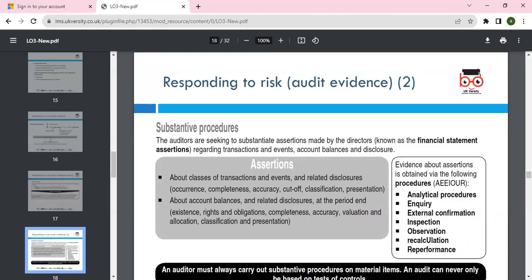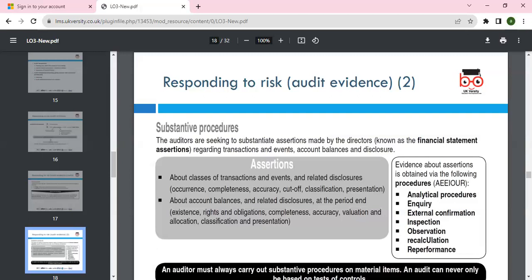Occurrence: is it there? Completeness, accuracy, and cutoff in the period. Classification: is it classified as asset, liability or expense, and presentation, in terms of your bookkeeping records, your trial balance and your final accounts. The details can go back to the point of origin of the transaction. For account balances and related disclosures at the period end: existence, rights and obligations, completeness, accuracy, valuation and allocation, and classification and presentation. That's all we need to look at.